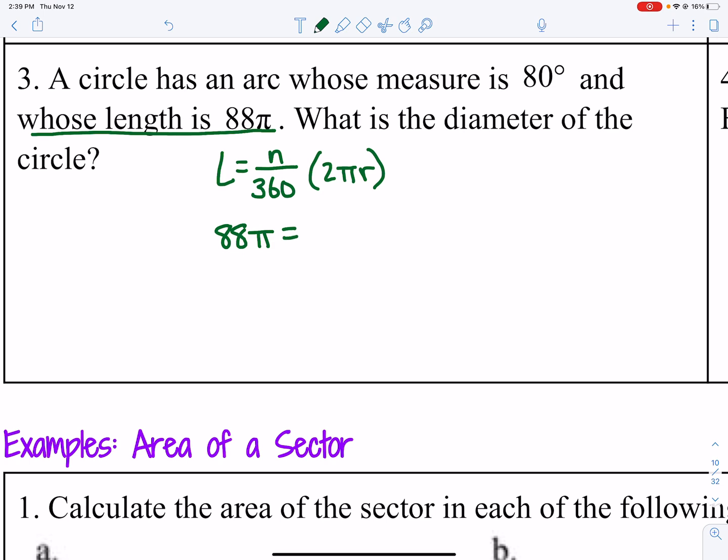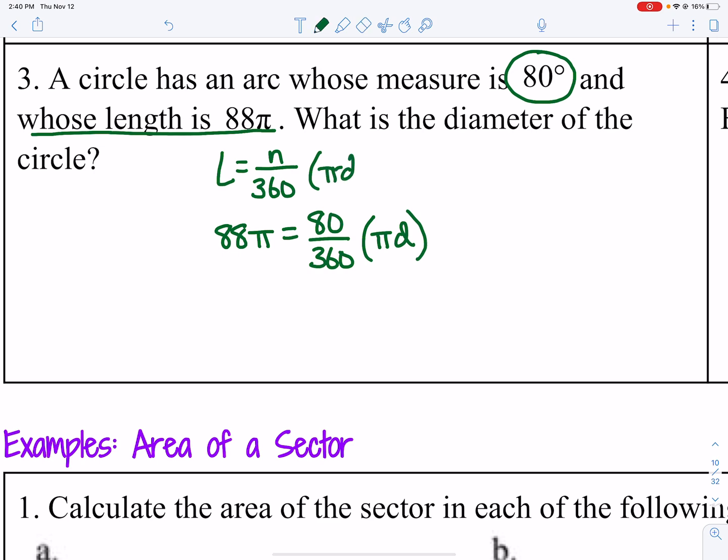The arc measure was 80 degrees, so we're going to put that 80 degrees over 360 degrees. And then 2 pi times the radius, or actually let's just say that that's pi times the diameter. Since we're looking for the diameter for this problem, it would actually be better to use that formula. So they're the same formula. 2 pi r is the same as pi times diameter. So I'm just going to use that for my formula to save a little bit of work.